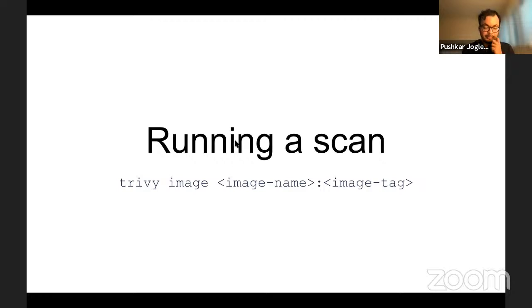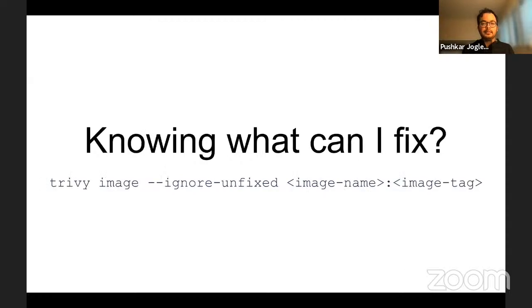The part to consider here is, as a developer, nobody can expect you to understand what all the vulnerabilities are. What you can do for sure, though, is if you know there is a fix, you can fix it. So we'll focus on that using this flag, which is ignore-unfixed.